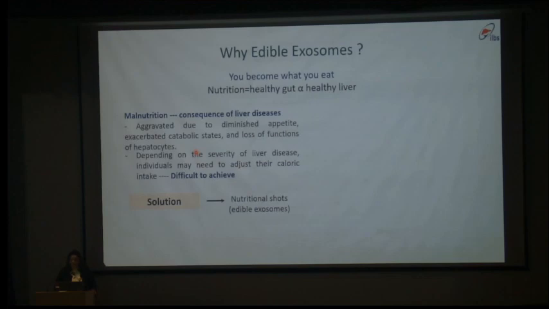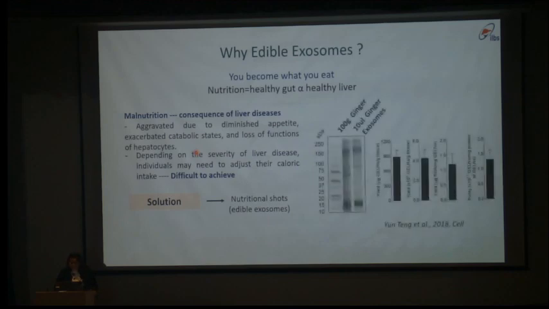And depending on the severity of liver disease, individuals may need to adjust their caloric intake. So there's a difficulty for nutritionists to have a calorie because they can only adjust to a certain level. So what is the solution? So maybe the edible exosomes can be a solution for it.